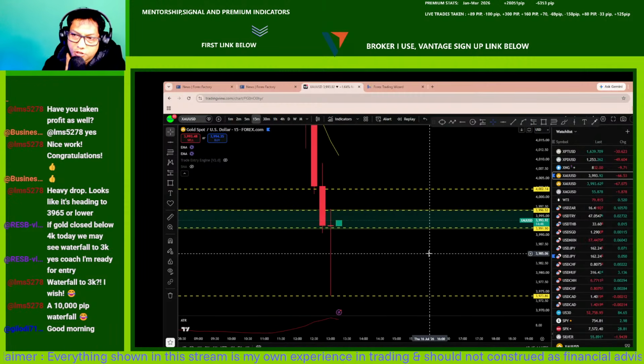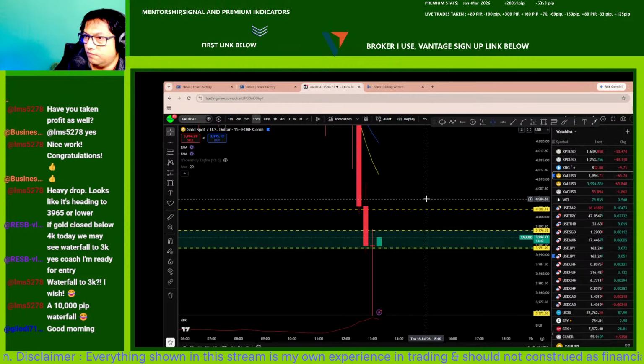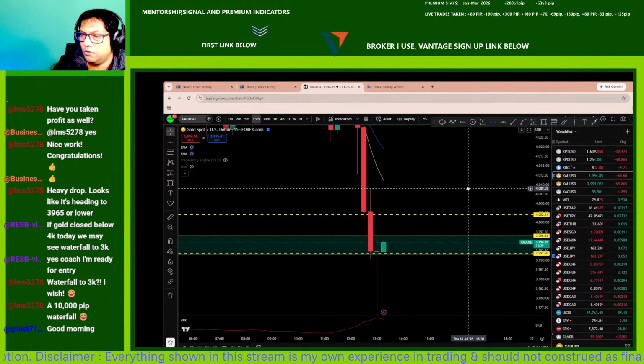With a doji you can see also the market is pushing higher at this level from the support.